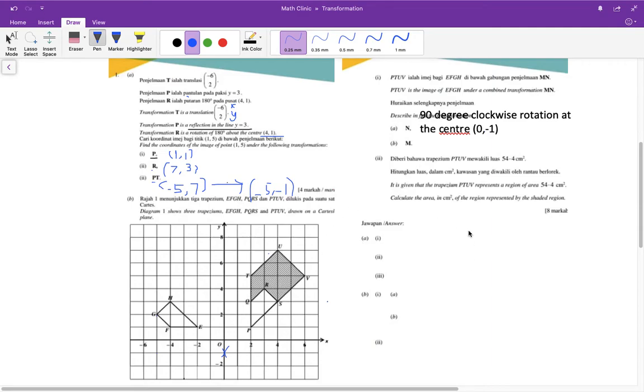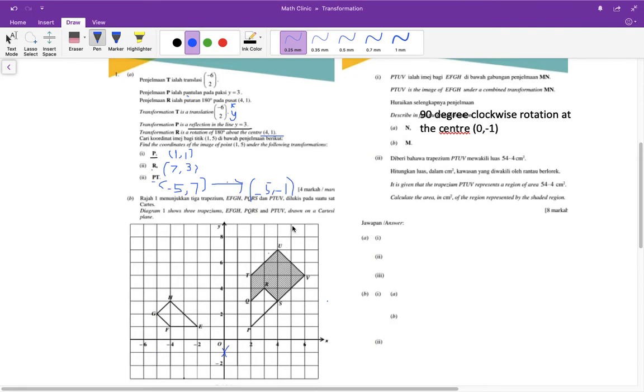So for here, B, you need to find M. Where's the enlargement point? You just know how to do it. Just draw a straight line through the image after the enlargement, like this.